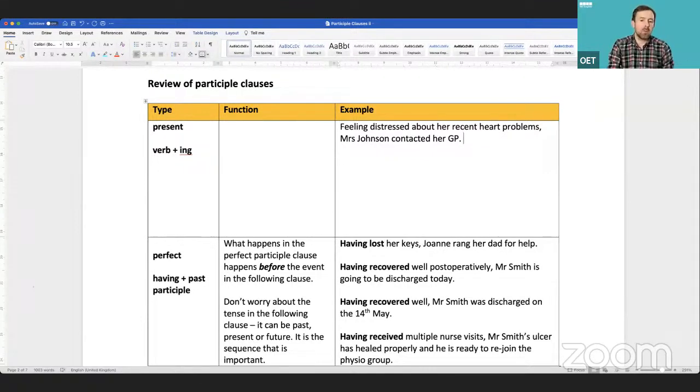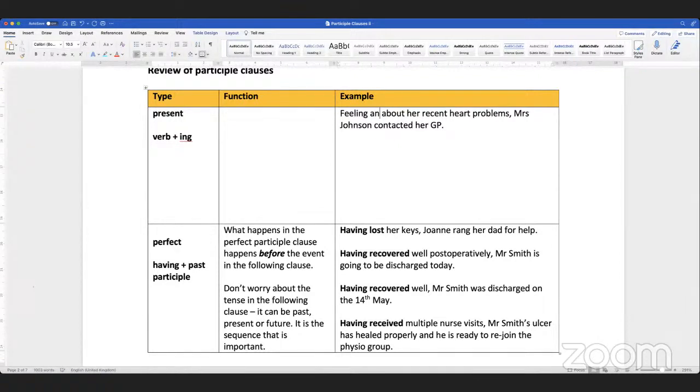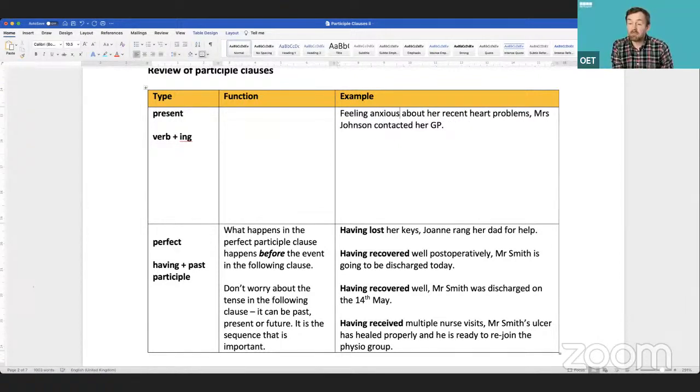Okay, so now can you see the difference between this one and this one? Distressed is an adjective, isn't it? I know it can be a verb as well, but in this case, it's an adjective. What other word could it be? Anxious. Worried? Worried. Okay, so feeling anxious about her recent heart problems, Mrs. Johnson contacted her GP.